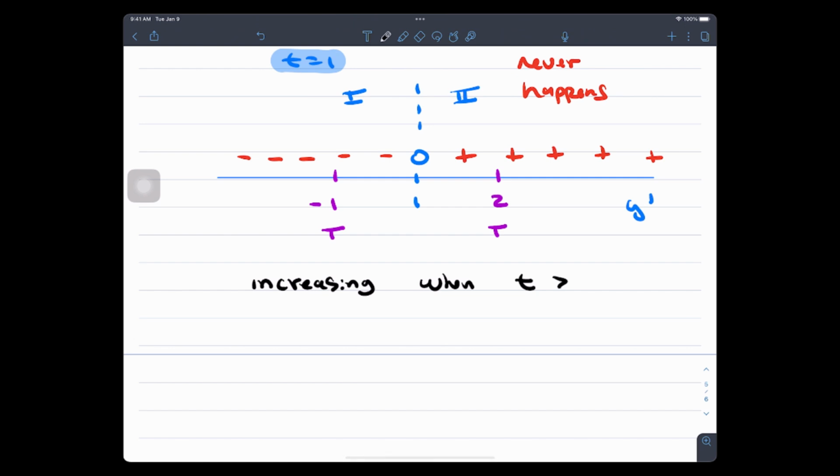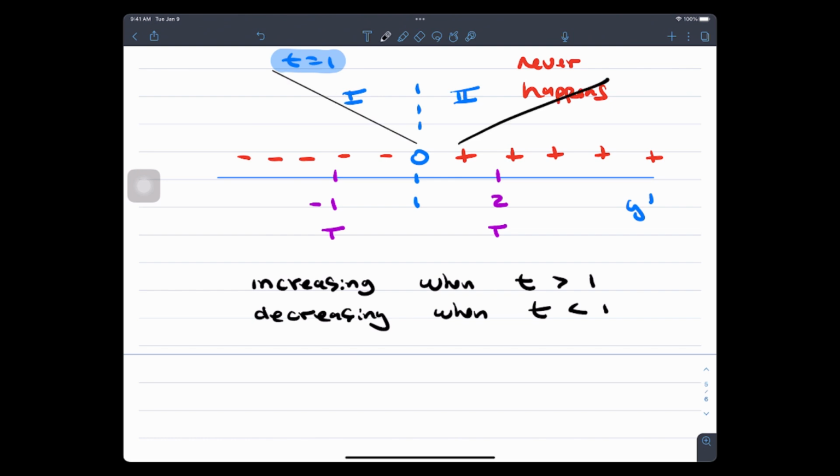Time value is bigger than 1. You also know you have a decreasing function. Is that true? When t is what? Less than 1. Why? You guys remember this? That's a negative slope, positive. This is sign analysis on the first derivative. That always gives you increasing, decreasing, even if it's parametric, but it's now in terms of t.